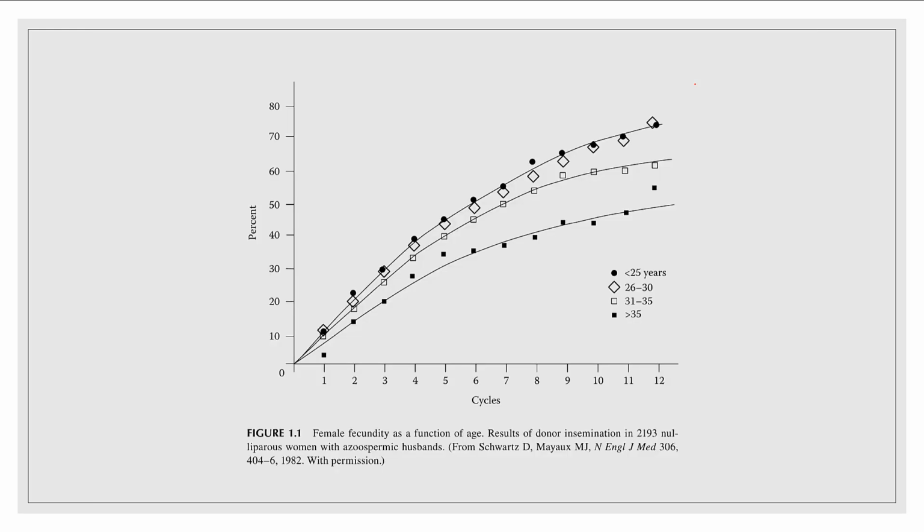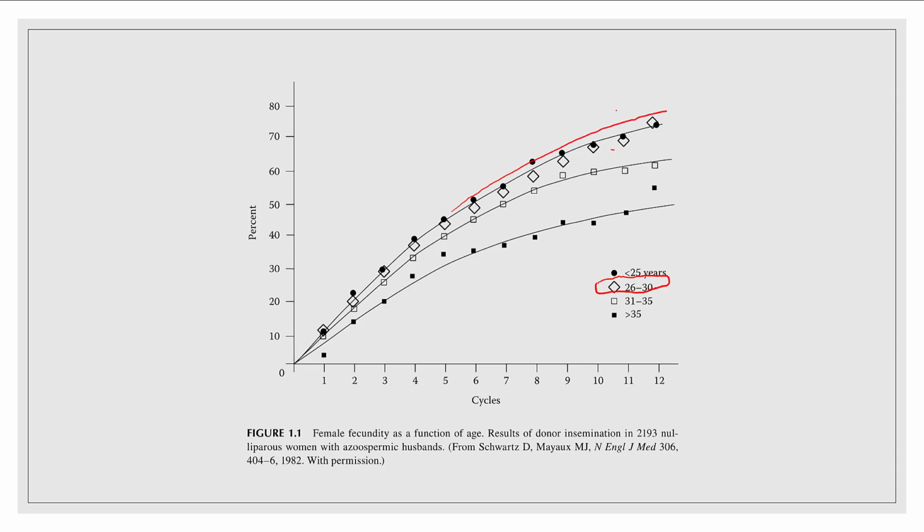But the picture changes when the couple is older. So the previous chart matches the one which is here. Somewhere there. Under 25, even higher fertility probably. So this is the chart which matches the previous.